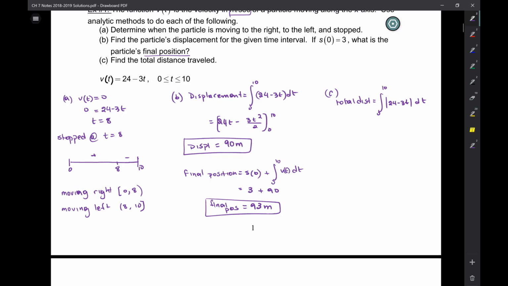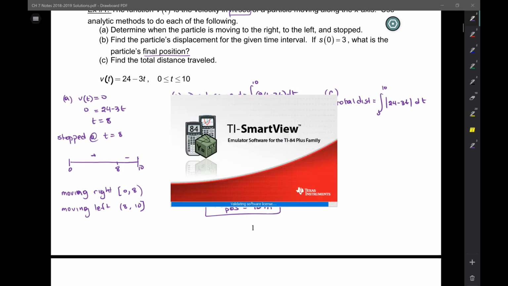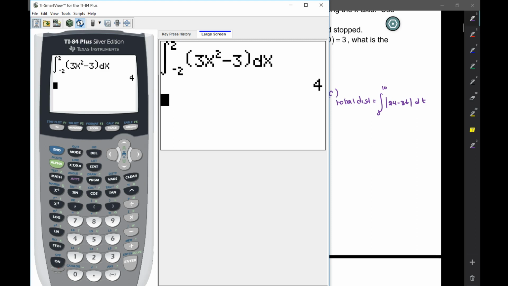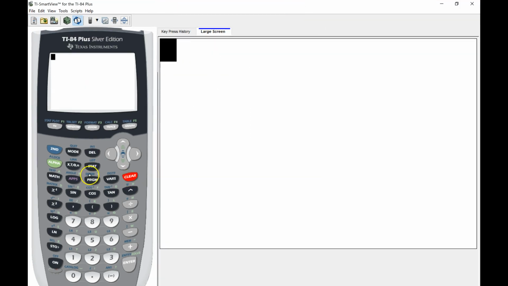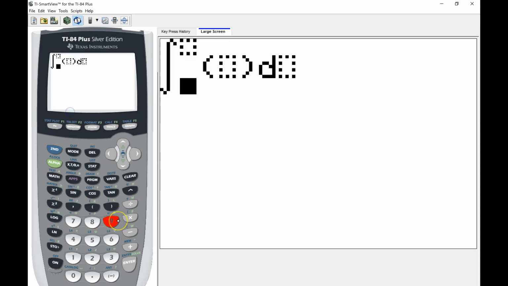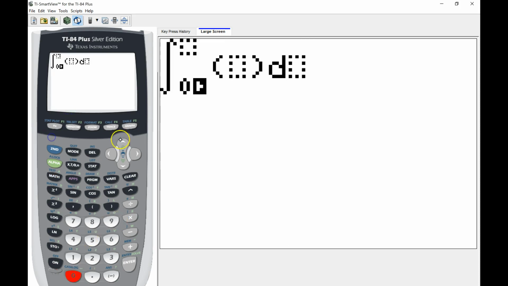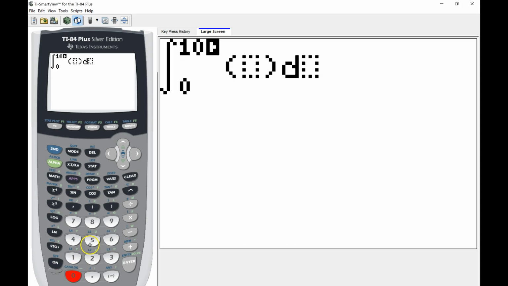All right? So when you put it in your calculator, remind me again, do you guys have the Inspire or the 84s? The older one. Okay. How do we get integrals on our calculator? It's math 9. So you're going to do math 9. And we're going to go from 0 to 10.